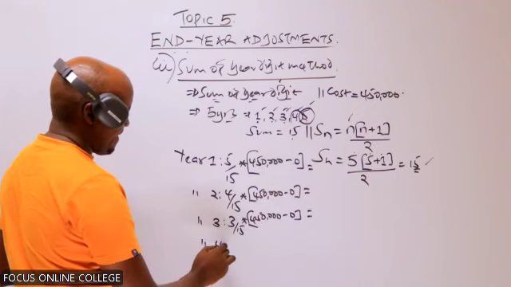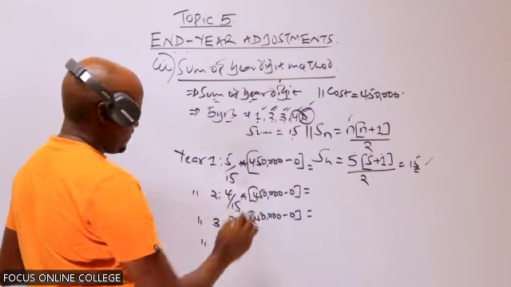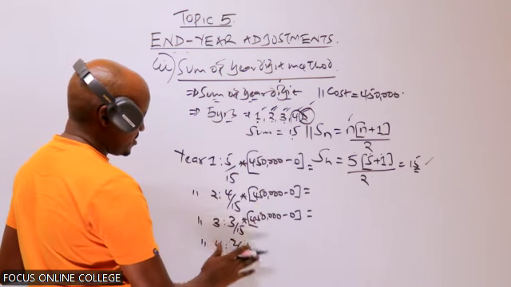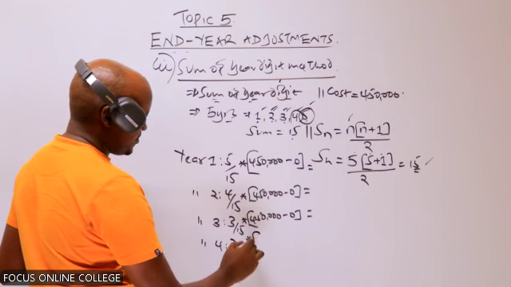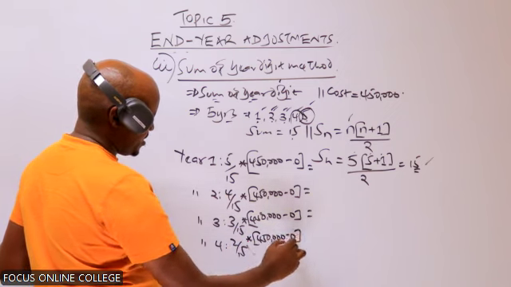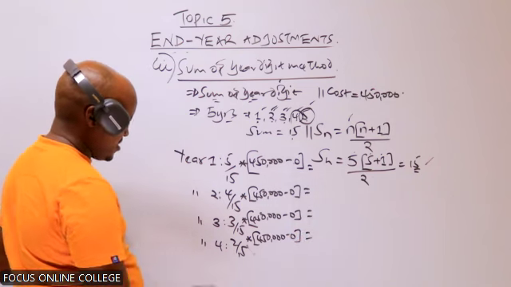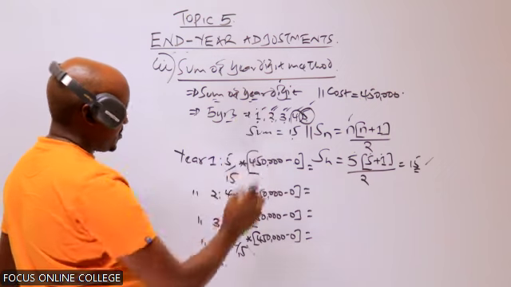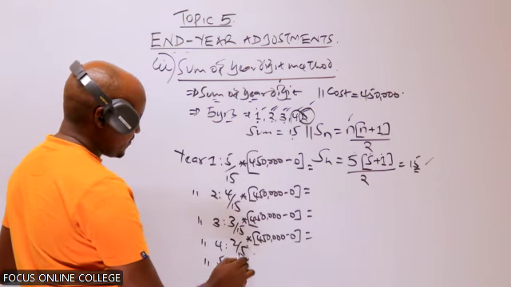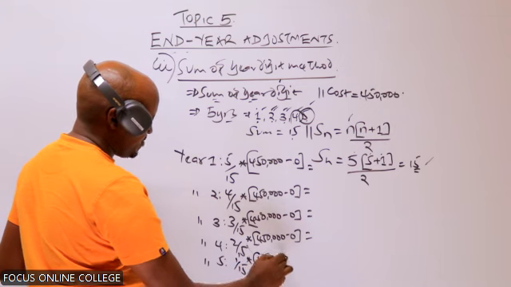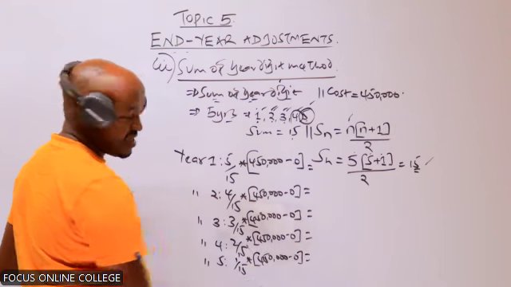For year 4, we take the digit 2 over 15 times 450,000 minus the scrap value. And the final depreciation for year 5, we take 1 over 15 times the cost minus the scrap value.